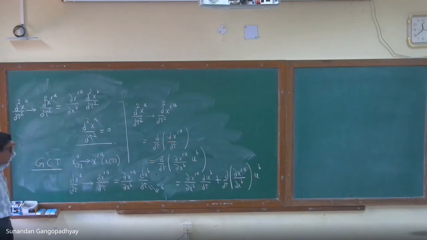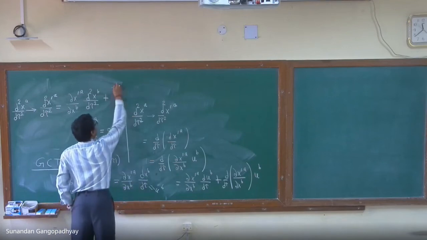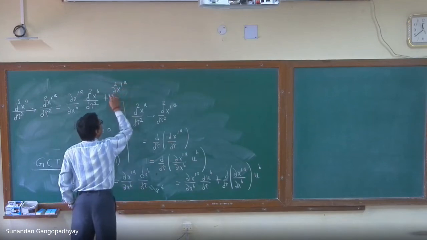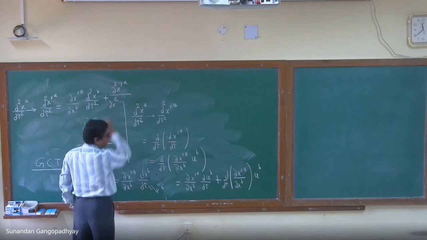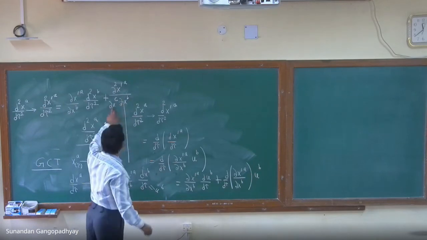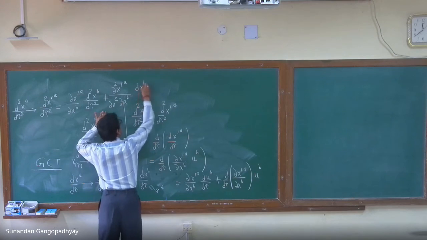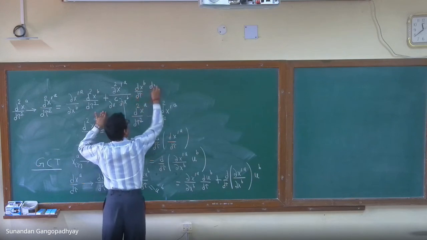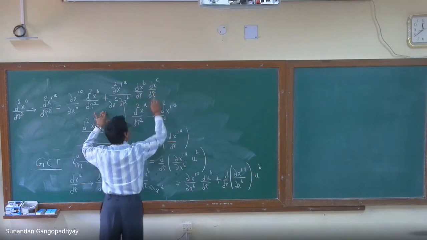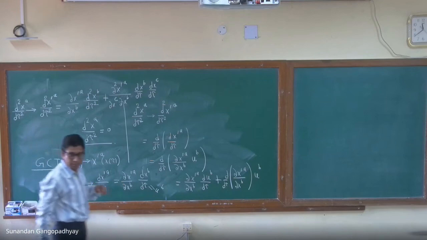Okay, this is the first term. The second term is plus, we just take a derivative, again applying the chain rule. This will be del^2 x prime a, del x c, del x b, and then you have to get dx^c/d tau, dx^b/d tau. Is this okay?